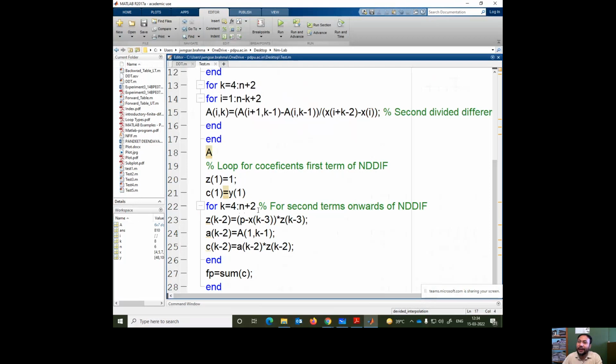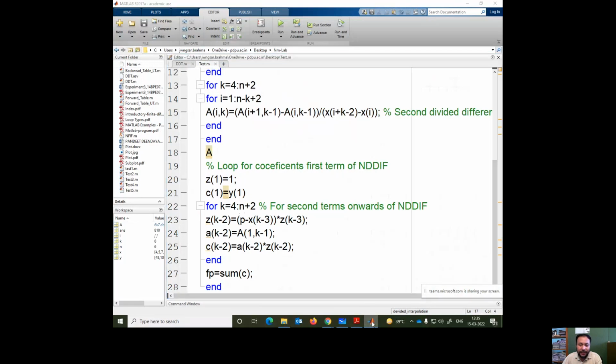The same interpolation technique can be coded in Matlab from different perspectives. So don't get confused by looking here and there. Just keep in mind that we have developed the divided difference table, and accordingly we apply it to get the interpolation value. I hope you have understood today's lab session.